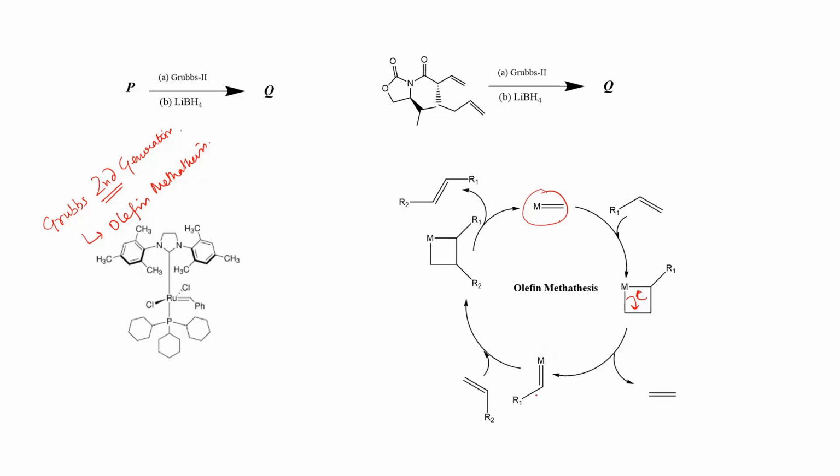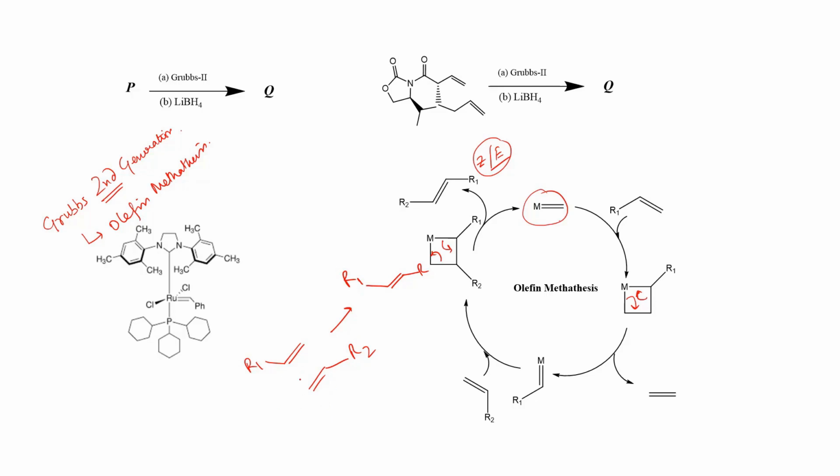This metal intermediate reacts with another alkene to form a second metallacycle, and the alkene goes out, which can be E or Z, continuing the reaction cycle. Basically, if R1 and R2 react, a double bond forms between these two groups.